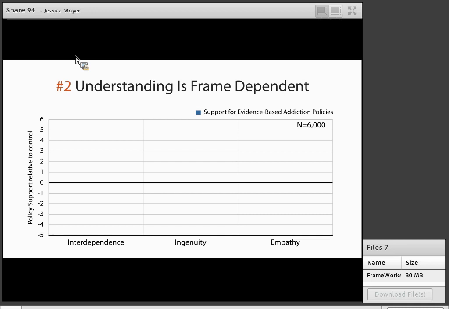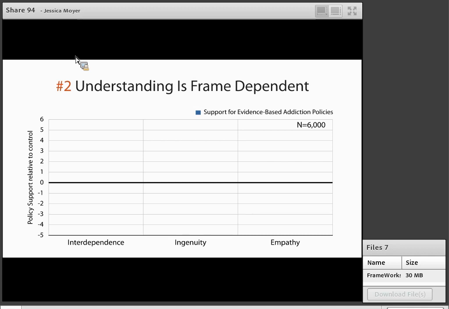What you're looking at here is a graph that comes from some research that we did on addiction, in Canada. In this case, we're testing how messaging on addiction policies and support for increasing addiction services changed depending on what shared values were being cued up in those communications. Along the x-axis here, you can see three different values.